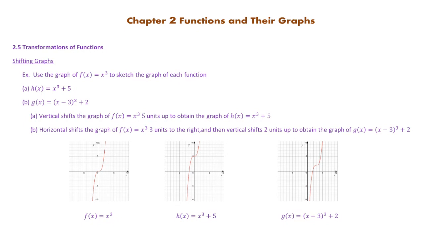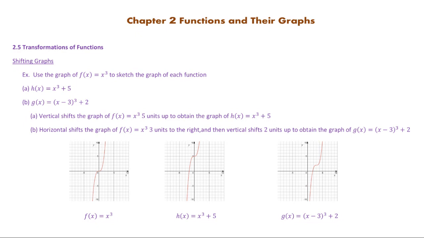But how do you get the graph of g(x) equal to (x minus 3) cubed plus 2? So remember, if you compare g with f, given the problem, we have two things to do. We need to shift both horizontally and vertically.